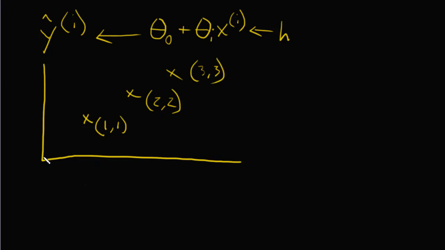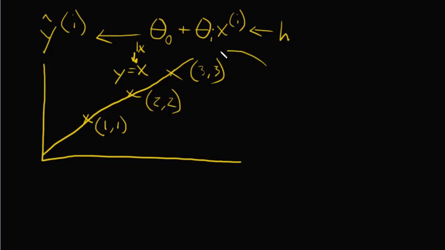Okay, and you can imagine, assuming I drew this correctly, there is a line that best fits that, and that line is going to be y is equal to x, or to be very explicit, there is a 1 right in front of the x, so that's a 1x, where the slope is 1.